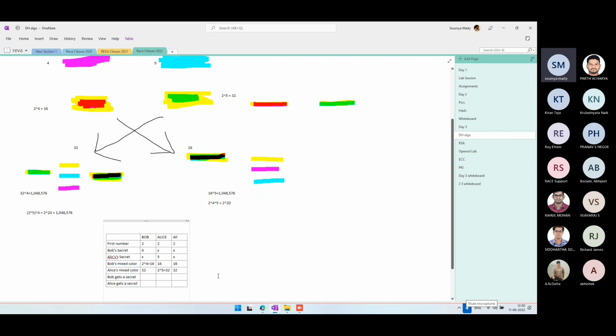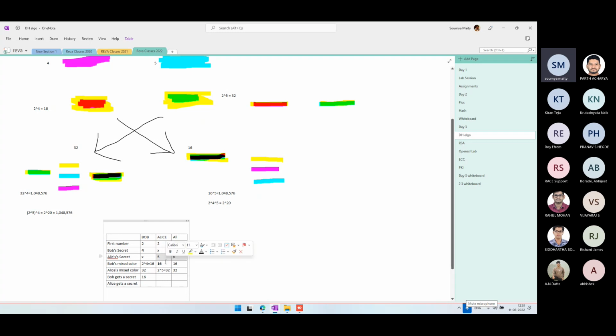And Bob gets a secret. He knows 16 and he has a secret 5, right? So I will find 16 power 5. This is Bob's secret and this is Alice's secret.